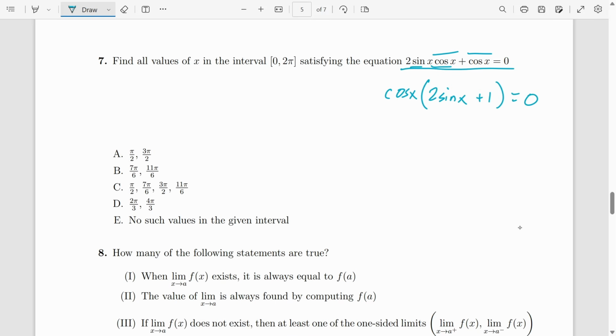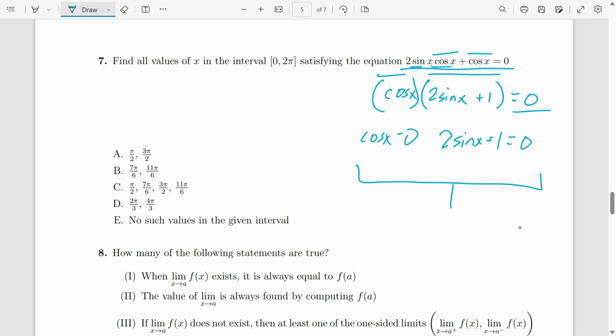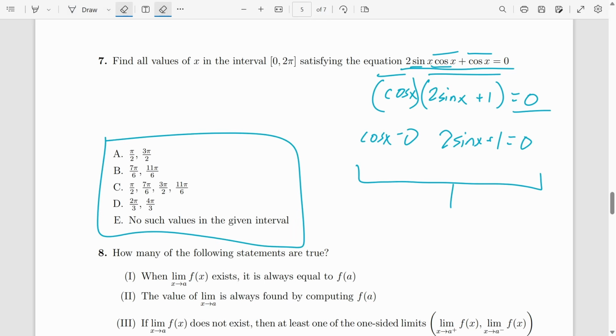And now, since these two terms are being multiplied and the whole thing equals 0, we can set each of them equal to 0, into two separate equations, and solve them independently. So we can set cosine x equal to 0, and we can set 2 sine x plus 1 equal to 0. Their collected answers are going to be the full answer. It's going to be one of these when you put all of the answers together.